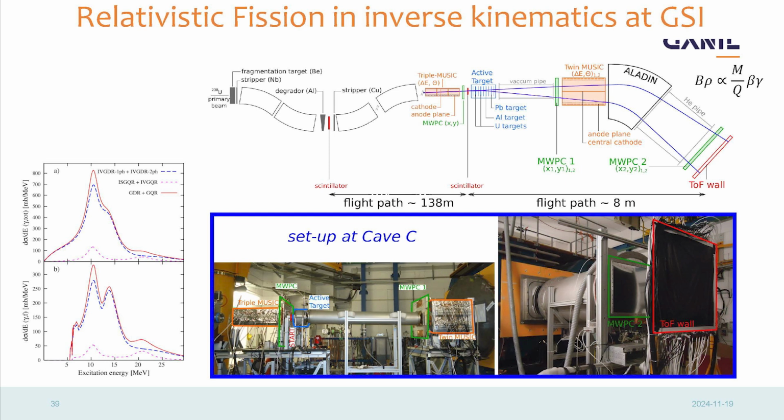So basically, the range of energies is between 5 and 25 MeV, with, let's say, a maximum here. So this is what you get. And at the end of the lecture, I will show you what we are also doing today to get to a precise measurement of the excitation energy.